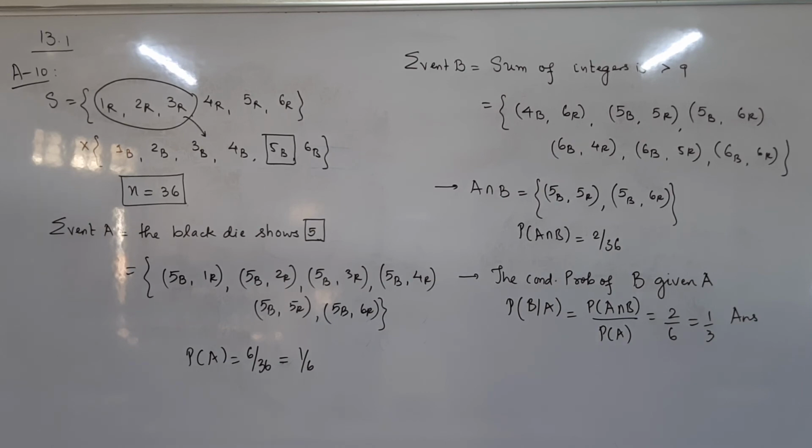So I will have 3r and 5b, 4r and 4b, and 5r and 3b. So these are 3 pairs. Correct? But in the intersection, students, which pairs will we have? The only pair which is allowed is 3r and 5b.